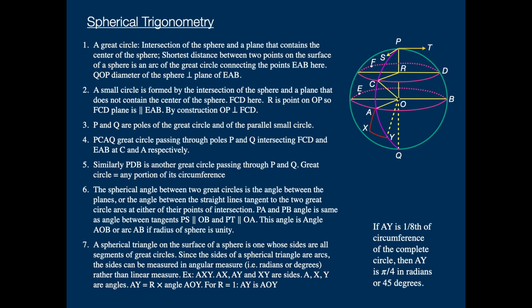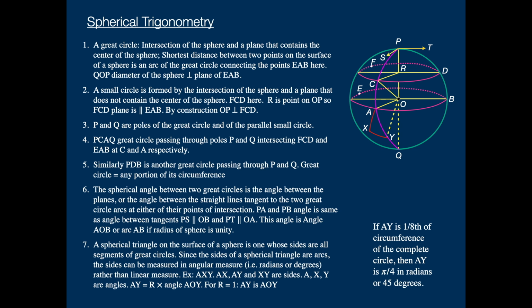A spherical triangle on the surface of a sphere is one whose sides are all segments of great circles. Since the sides of a spherical triangle are arcs, the sides can be measured in angular measure, that is radians or degrees. That is, arcs are themselves angles rather than a linear measure.